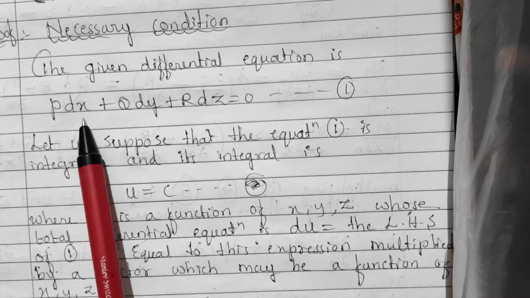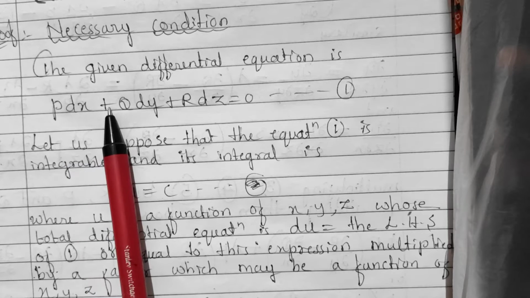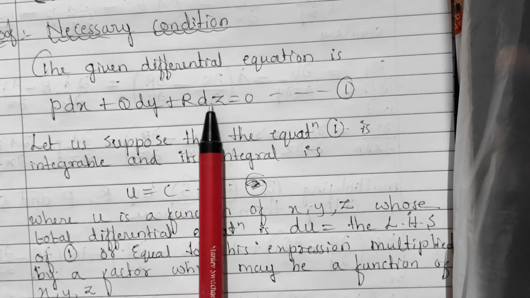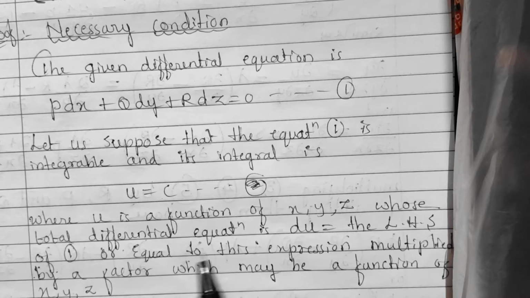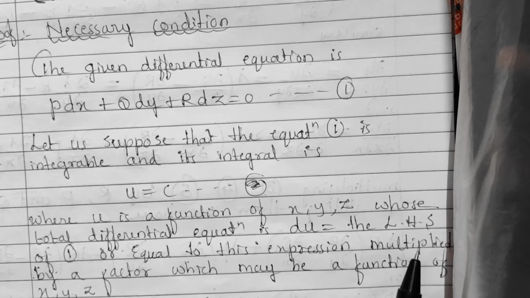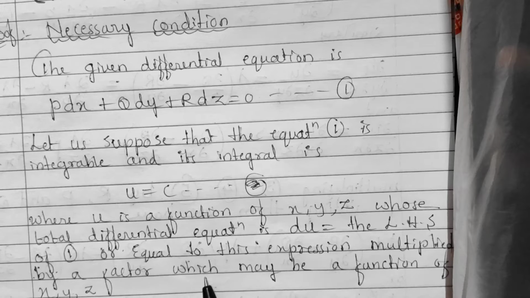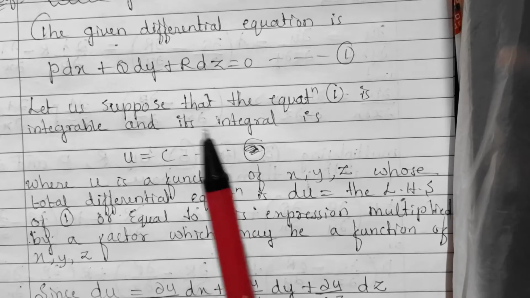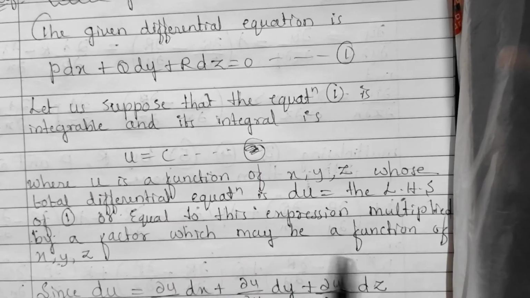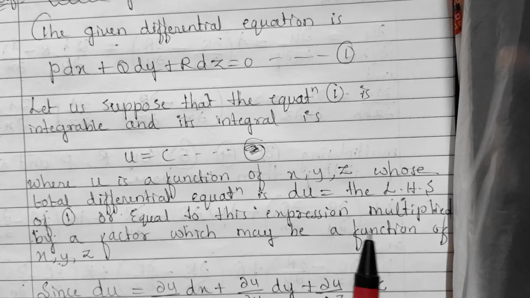The LHS of equation 1 means it is nothing but p dx plus q dy plus r dz, which is nothing but your du, or equal to this expression multiplied by a factor which may be a function of x, y and z.